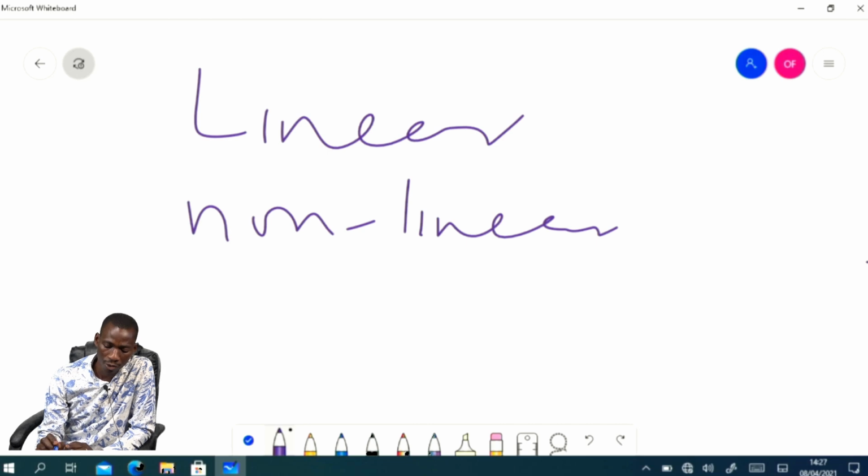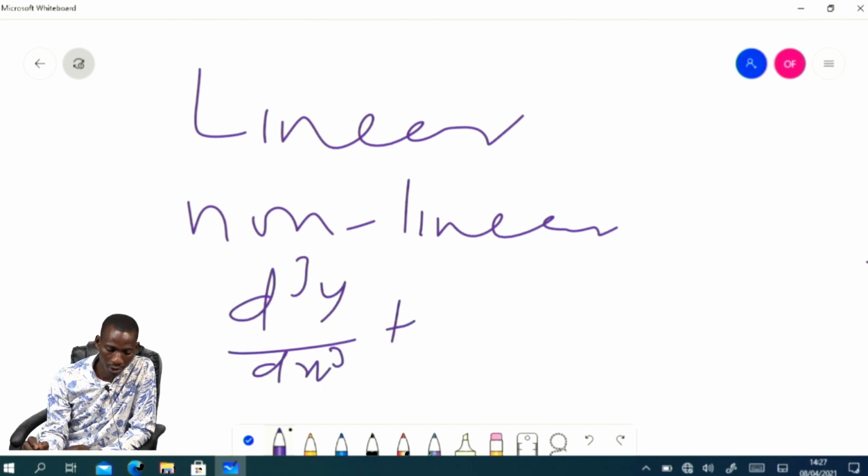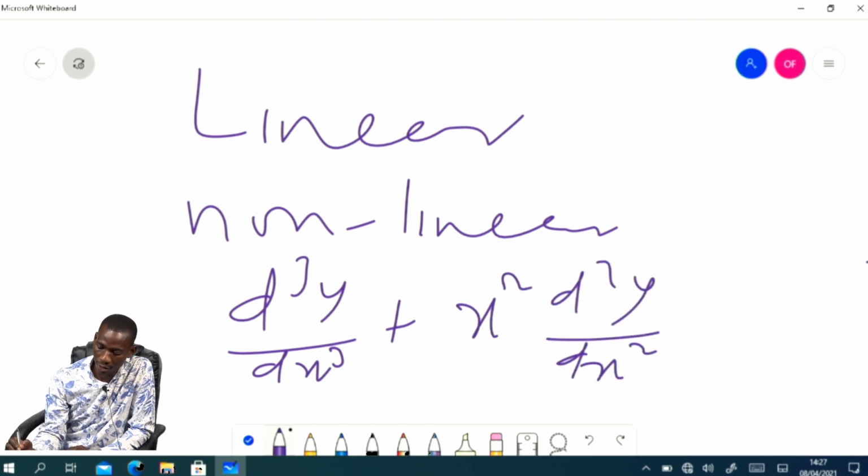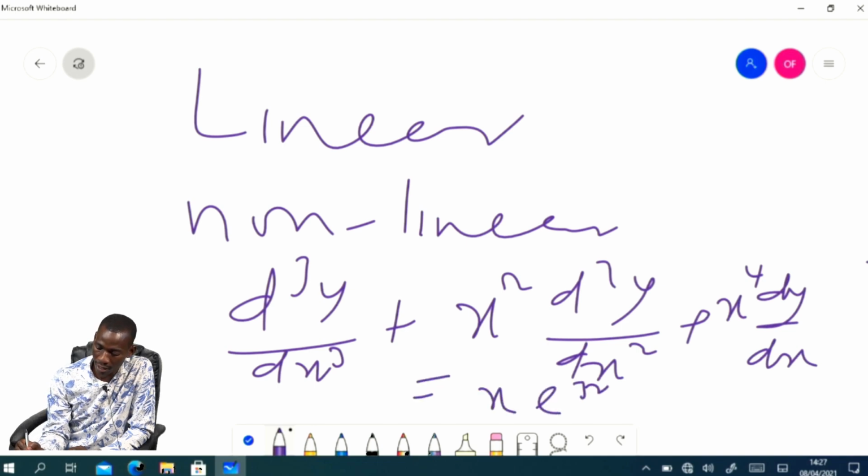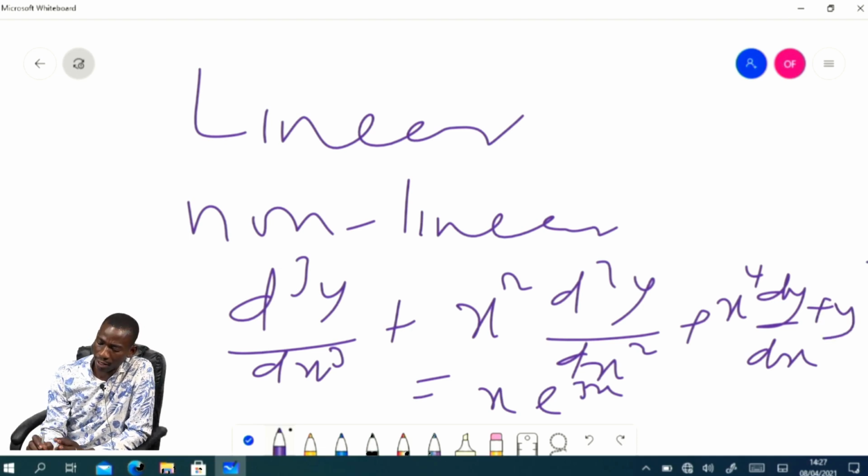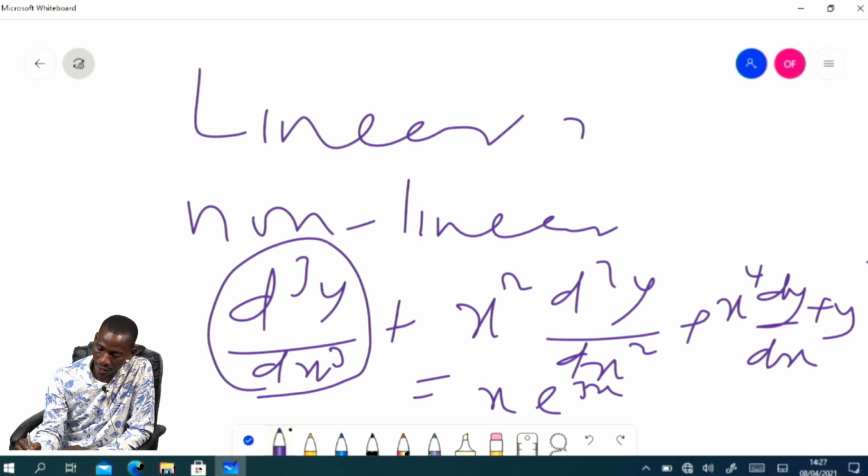Let's take, for example, d³y/dx³ + x² d²y/dx² + x⁴ dy/dx = x e^(3x) + y. Looking at this, it is a differential equation of third order.